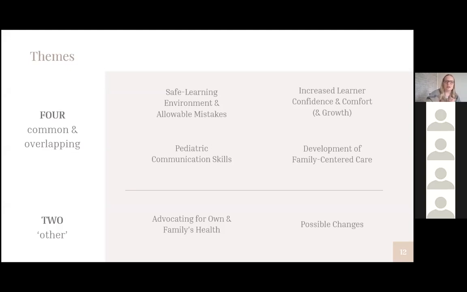I'll go through each one individually, and again highlight it with a bit more of a nursing focus, but I will touch on some of the differences amongst the learners, parents, as well as educators throughout, and some sub-themes that did emerge specific to each theme as well as nursing.